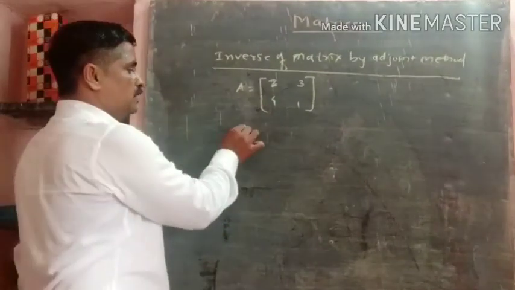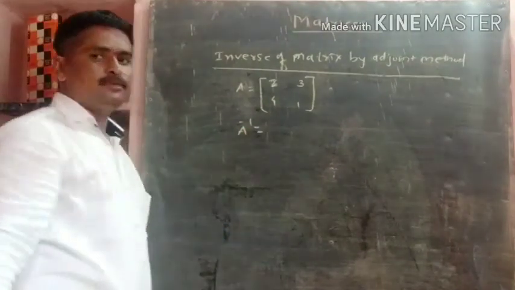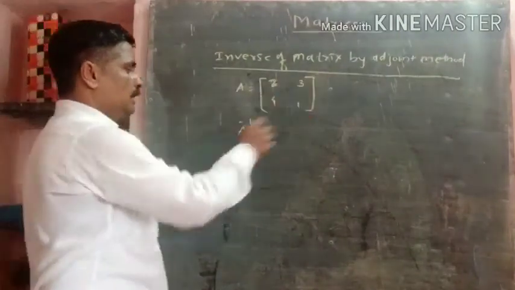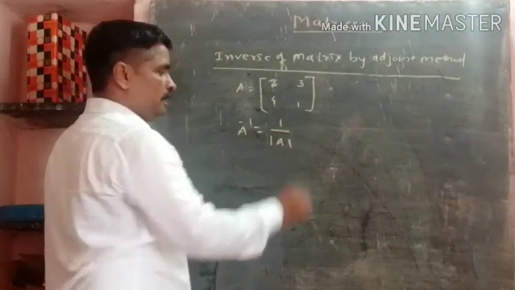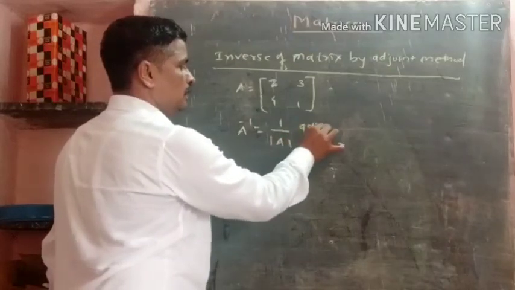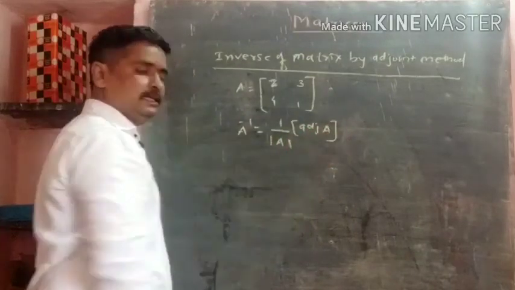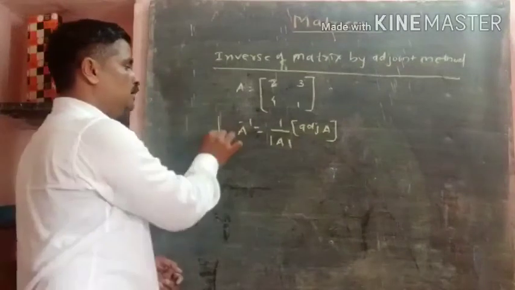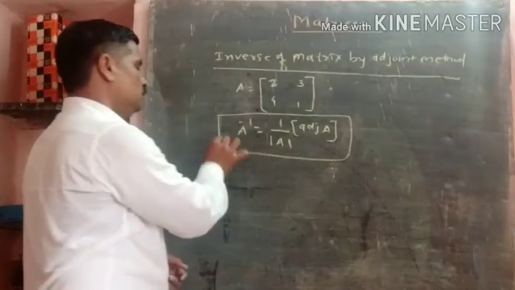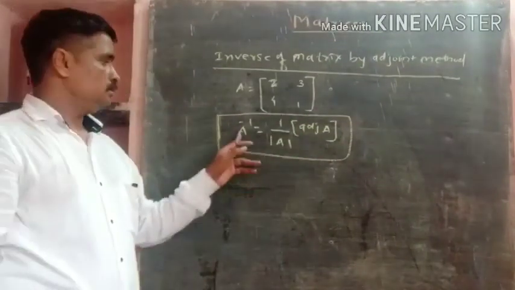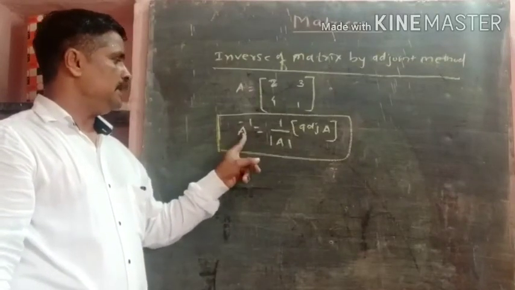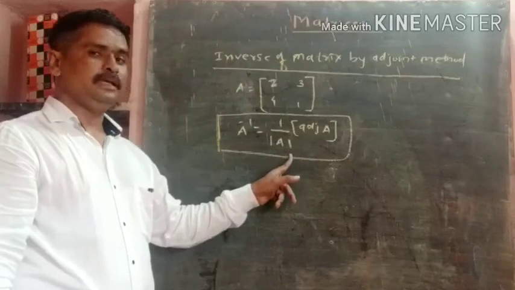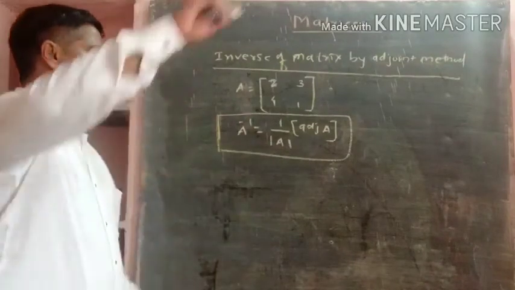So by the adjoint method, A inverse can be obtained by A inverse equals 1 by determinant of A into adjoint of A. It is the formula to find A inverse by the adjoint method, that is A inverse equals 1 by determinant of A into adjoint of A.